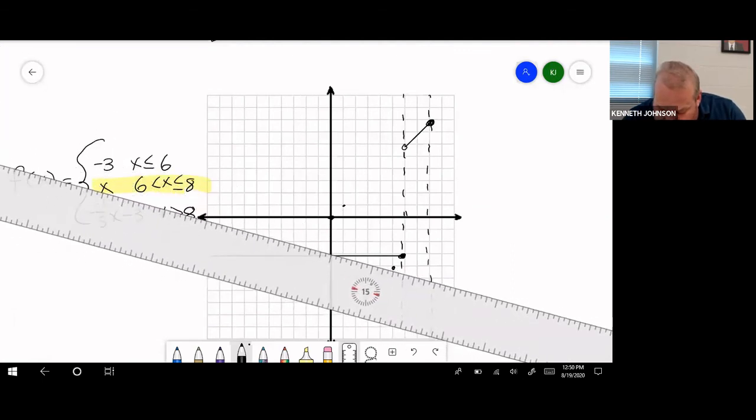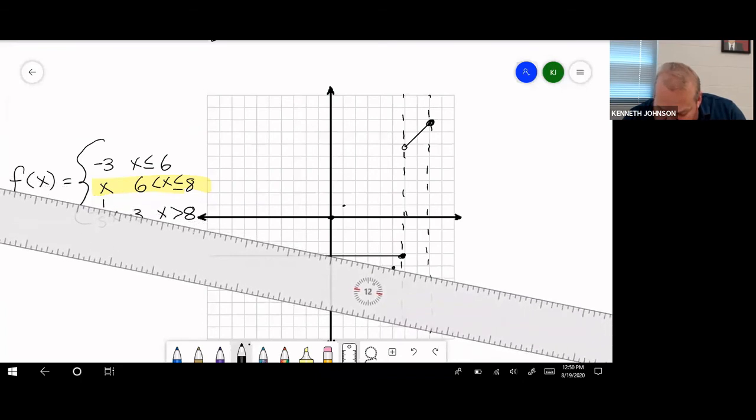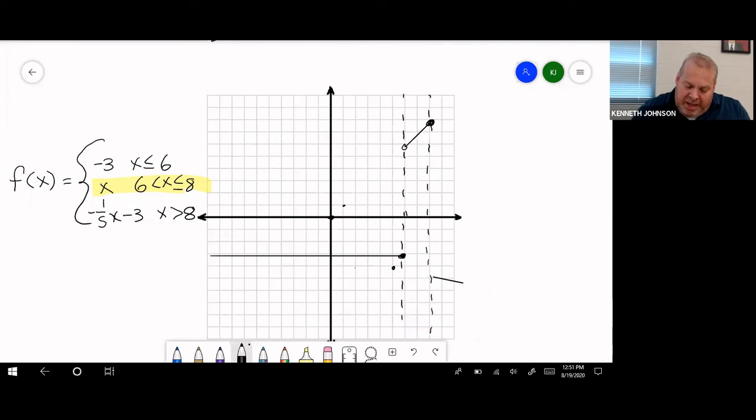And this one is only after 8. So it's greater than 8. And then it's not equal to, so I put an open circle. Throw arrows on the end, and I've graphed this piecewise function. It's basically graphing 3 things and just setting up some restrictions on it.